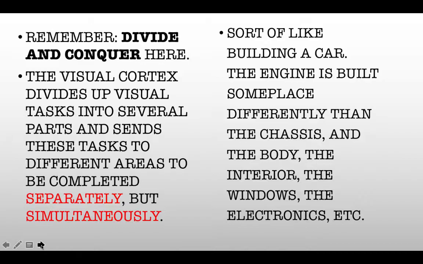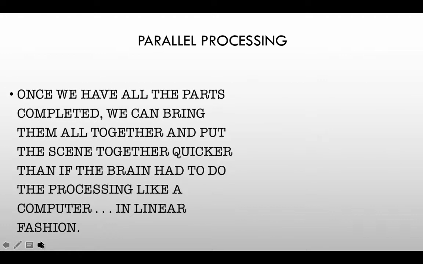The body, the exterior, the glass, the windows, the electronic components, etc. They're all brought together into a center location, and that car is put together on an assembly line very quickly and very smoothly. So parallel processing then, when we have all these parts completed, all that information is processed in a higher, more complex functioning area of the visual cortex where recognition can take place.